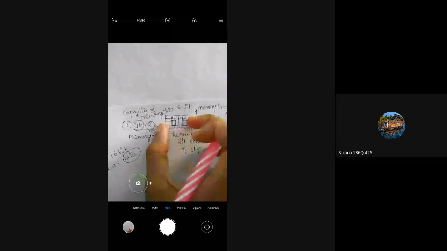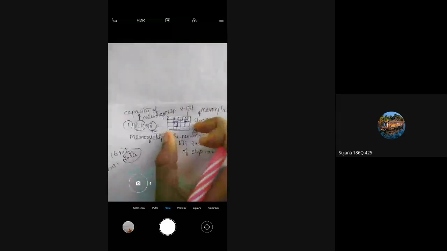This chip is only 8 bits, so the data bus range is 8 bits. Since the microprocessor contains a 16-bit data bus, the memory chip we are considering also has to accommodate a 16-bit data bus.